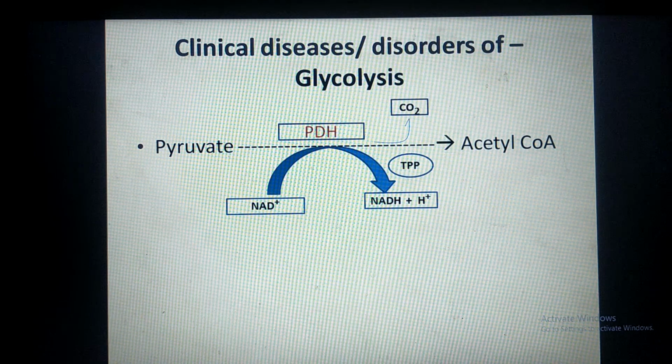In diabetes mellitus, as there is deficiency of insulin, this PDH is not completely activated. Hence, the conversion of pyruvate to acetyl CoA is taking place at slow speed. Therefore, the pyruvate is converted into lactic acid.